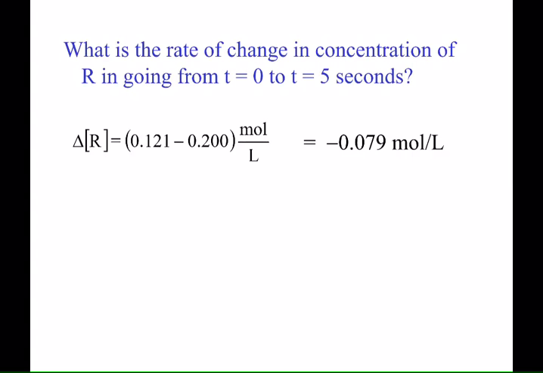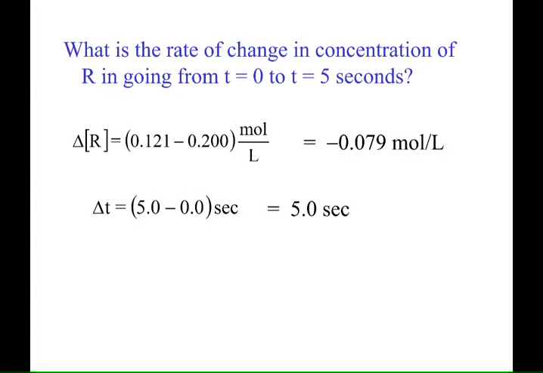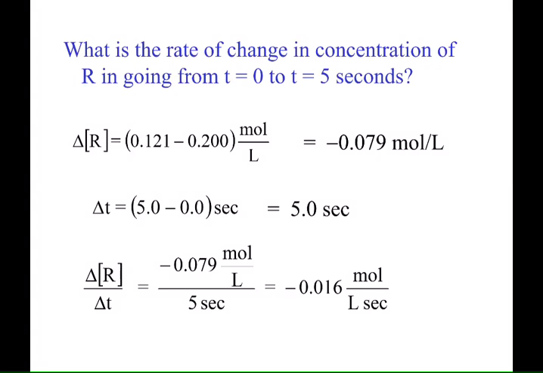Our change in time is T2 minus T1. T2 is 5 seconds, T1 is 0 seconds, so your delta T is 5.0 seconds. To get the rate over that interval, we take the change in molar concentration of the reactant, that top number, divided by the change in time, that bottom number.